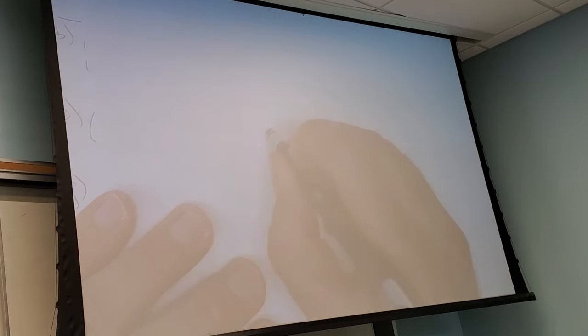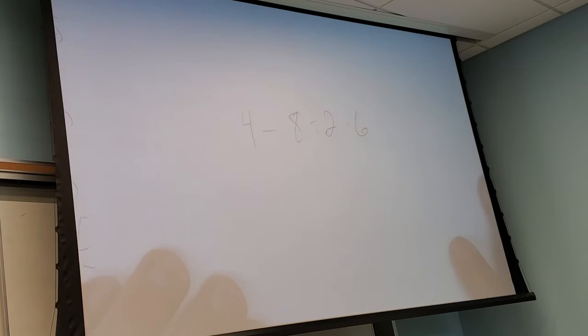Give me a second here, let me see. 4 minus 8 divided by 2 times 6, okay. So I see a lot of people write that as 4 minus 8 divided by 12, right? That does not make sense. What's the only number that would be on the bottom if I rewrote division as a fraction?